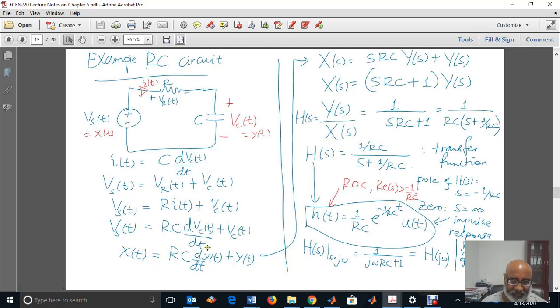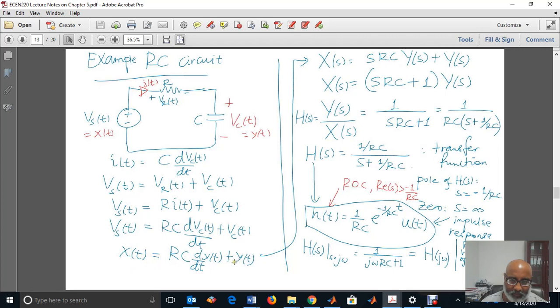If you see, this is a differential equation. What is the order of the differential equation? First order, because the maximum we have is the first derivative of the output y. And what is A0? Remember the A's are the coefficients for y of t, and the B's are the coefficients for x of t.